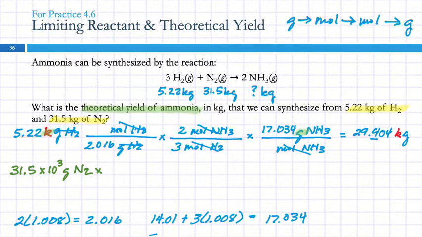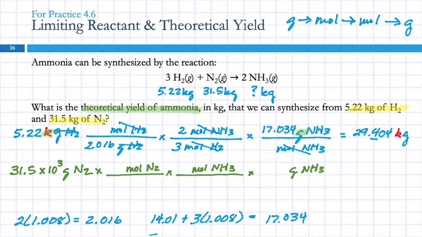So grams of nitrogen to moles of nitrogen to moles of ammonia to grams of ammonia. And then I'm going to have these units cancel out. Kilograms nitrogen.